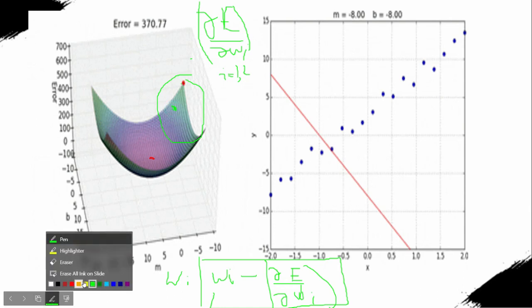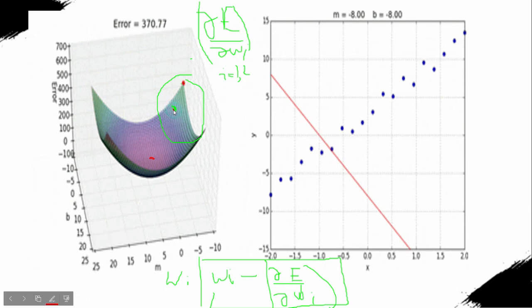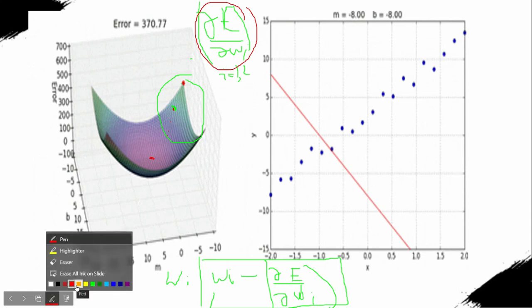Initially it would be here, then perhaps here, then perhaps here, and as we move down and this quantity is getting small, it would take smaller steps.